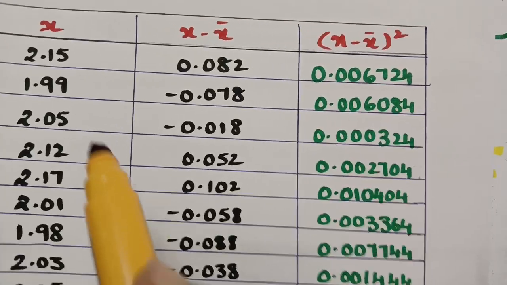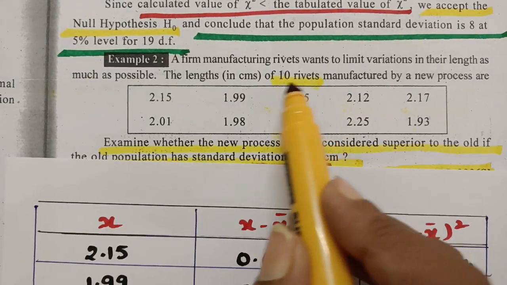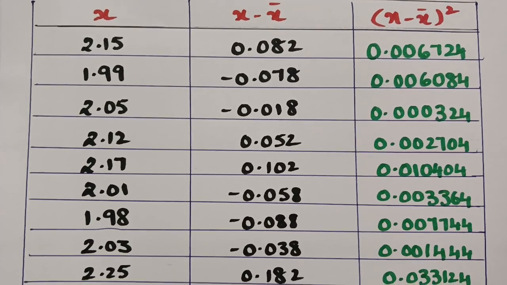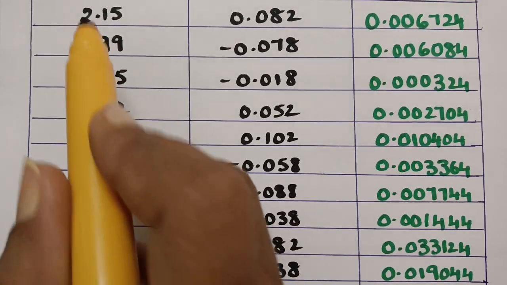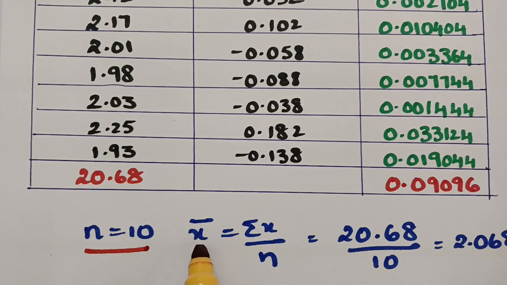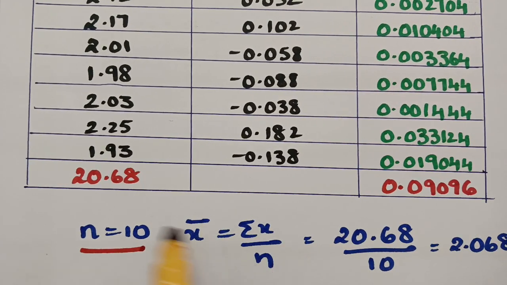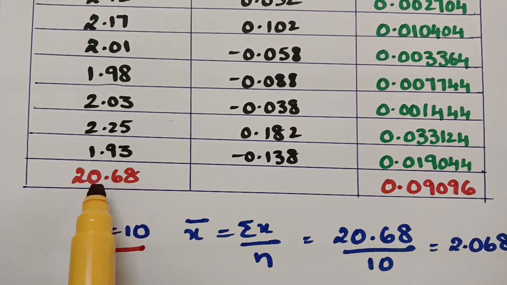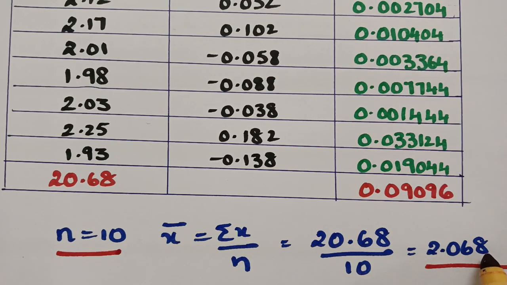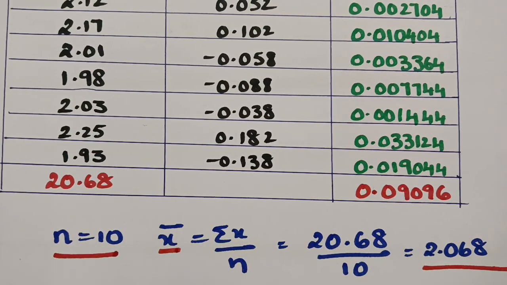How many values are there? 10 rivets, so n is equal to 10. After totaling all these x values, the total is 20.68. So x bar is equal to sigma x by n, which is 20.68 by 10, giving 2.068. This is the x bar value.